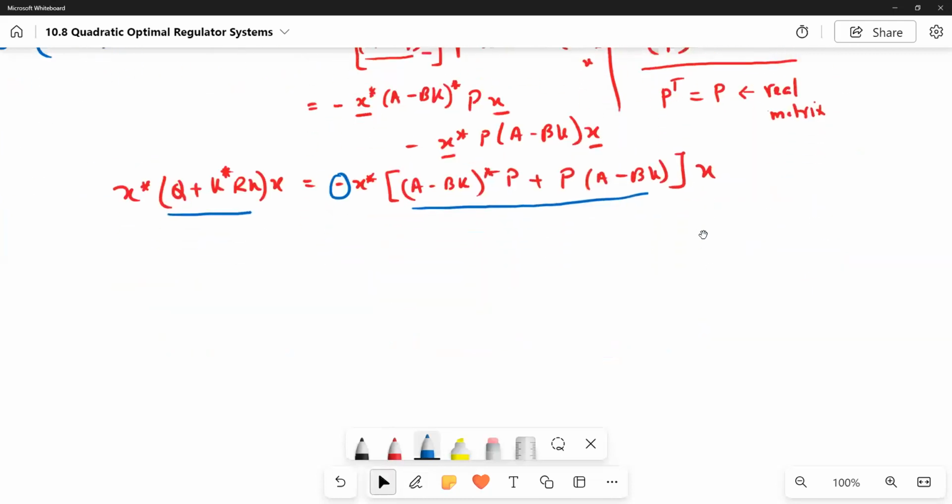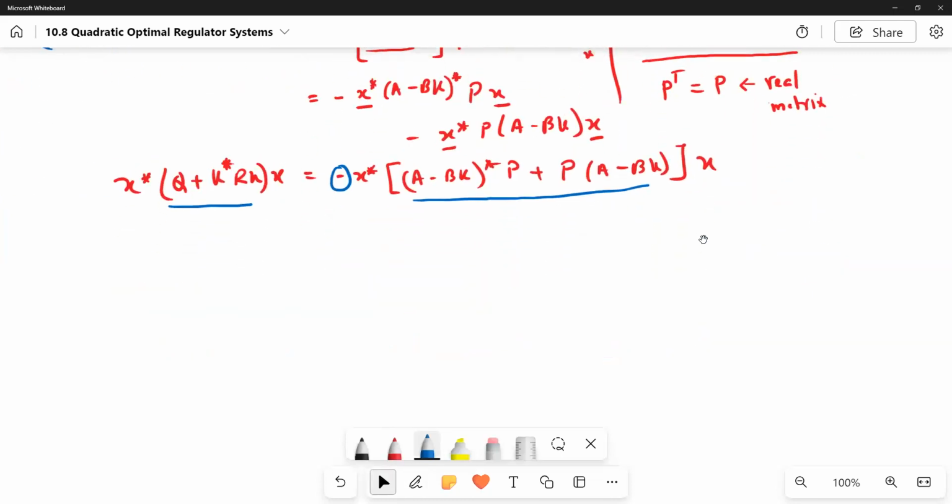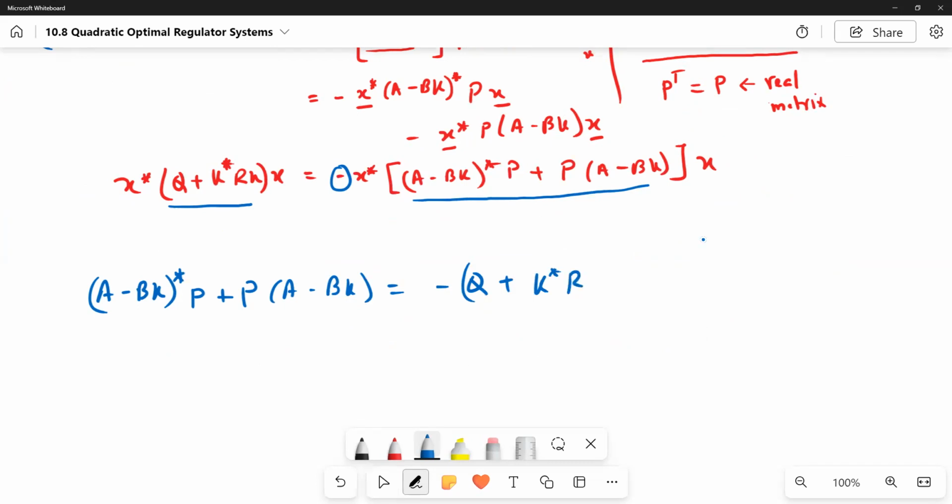So now let's write what we have obtained out of it: (A minus BK) transpose or star P plus P (A minus BK) is equal to minus (Q plus K star RK).